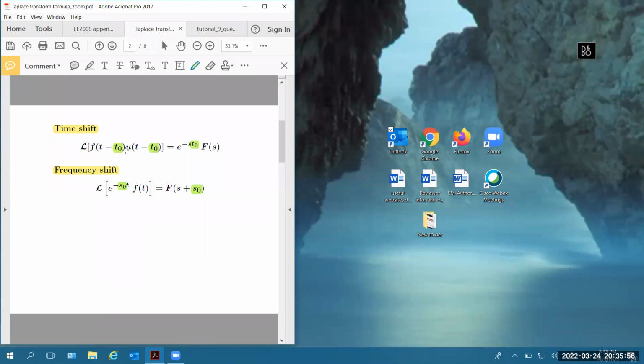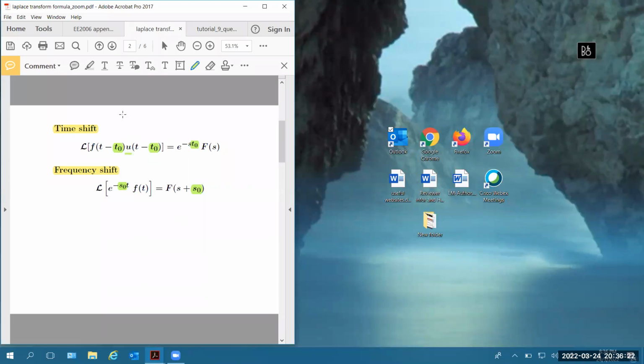Now this u here, do you all know what u is? Class, any idea? Yes, the step function. It's the unit step function. I think after doing the Laplace transform, you must have become very familiar with this.